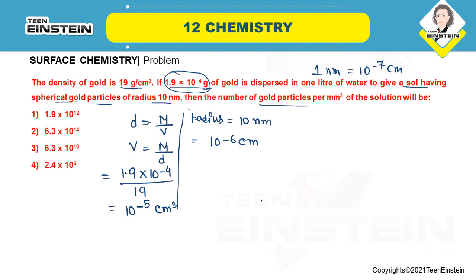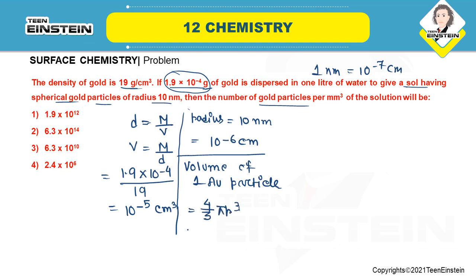Next we will find out the volume of 1 gold particle. The volume of any sphere, the formula is 4 by 3 pi r cube. So 4 by 3, pi value is basically 22 divided by 7, and r we have just calculated, 10 to the power minus 6, to the power 3.